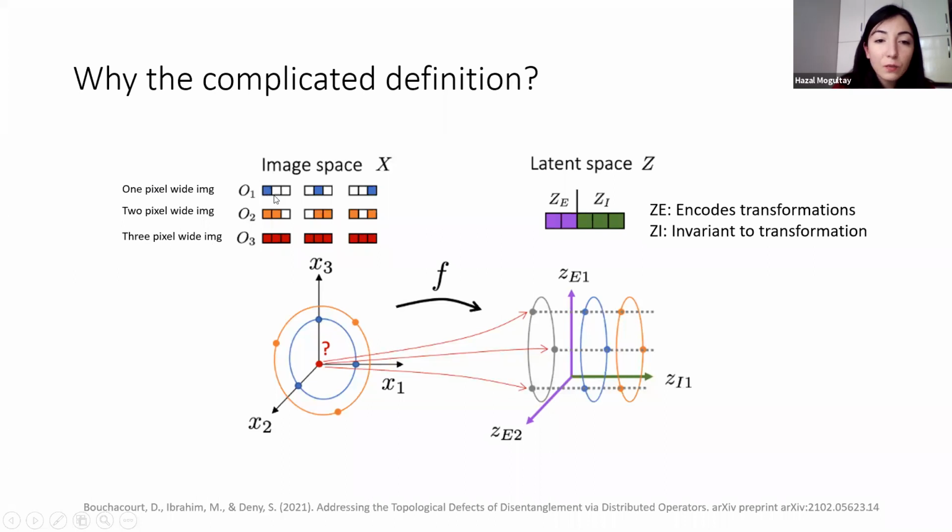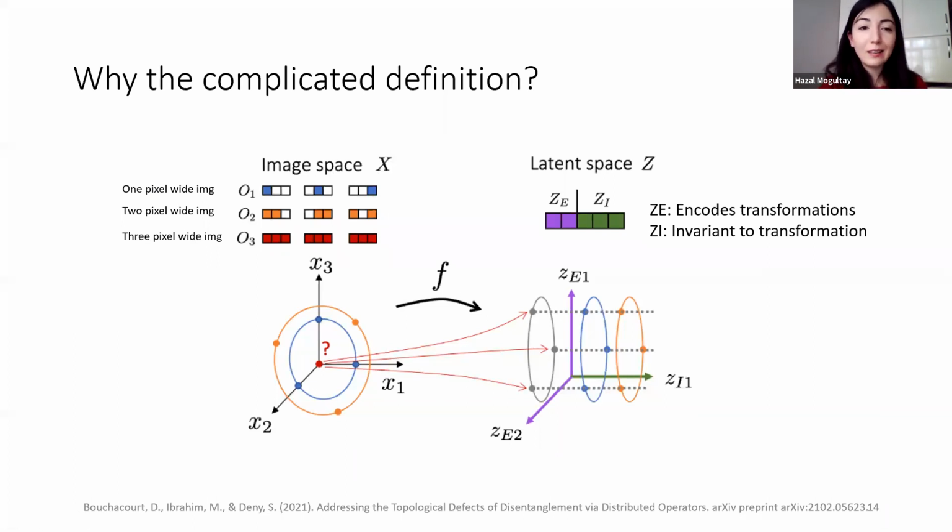And these 3 in the first row are actually the translated versions of each other. In terms of topology, and I'm not an expert on these topological definitions, they say these 3 create an orbit in the representation space.